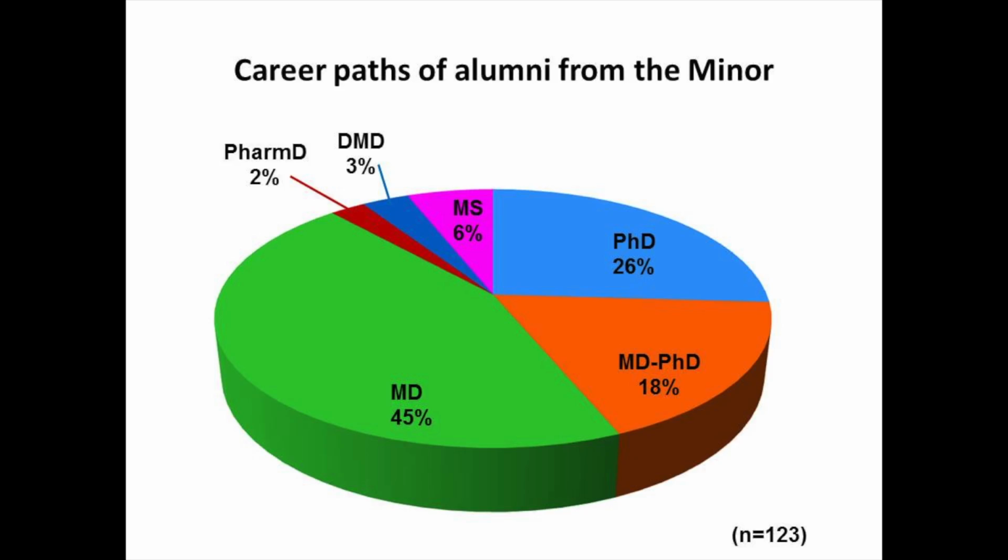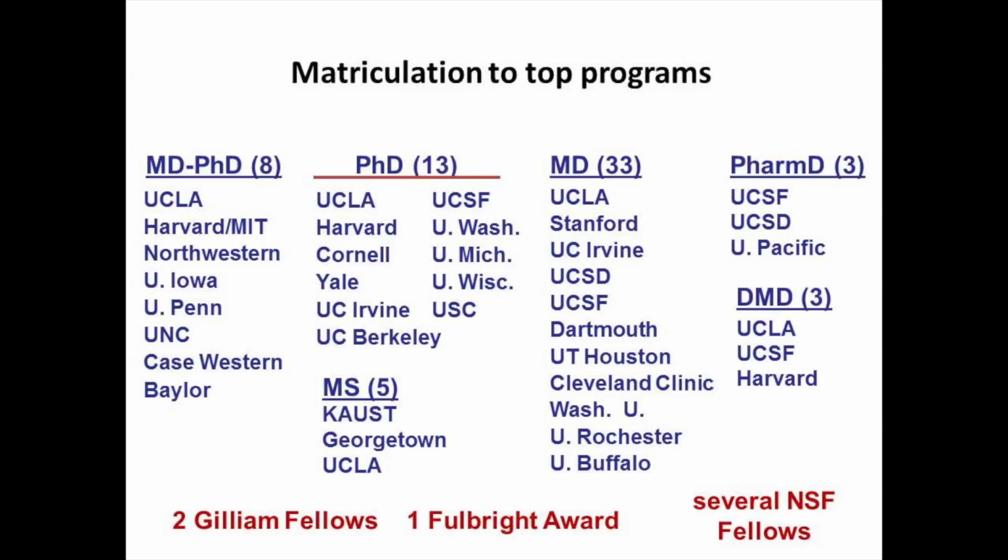But after that, 84% of our students that we have tracked, in fact, go on to graduate degrees. 45% MDs expected, but a significant number of PhDs of either MD-PhD or PhD kind, 26 plus 18%. That's a significant number of students who then are going into research-based graduate programs after finishing this. And of course, one hopes that the MS and so on and so forth will also join into that group. They go to good places.